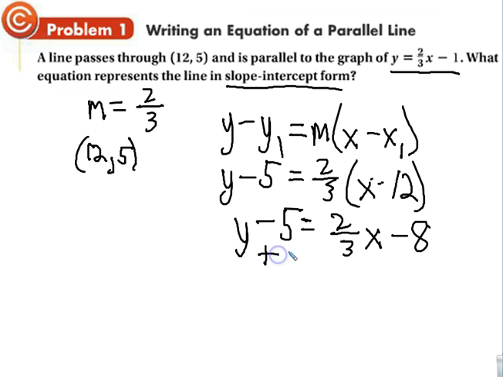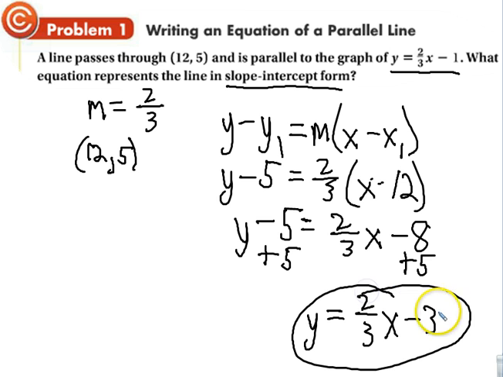And then I add 5 to the other side, and that gives me the equation of the line that is parallel to the one that's underlined. Okay? So using the slope from the line that they tell us, and using the ordered pair from the new line, we then use point-slope form to plug it in.